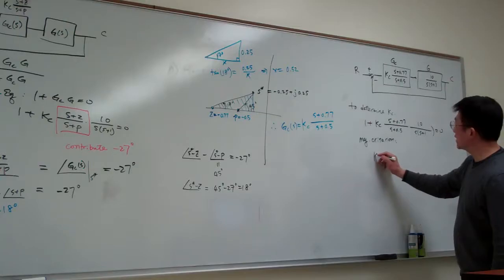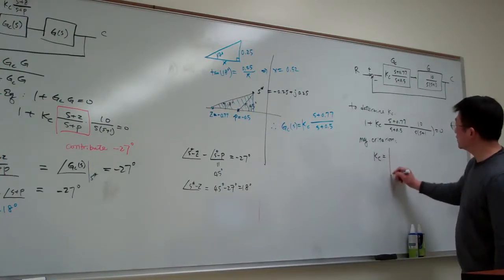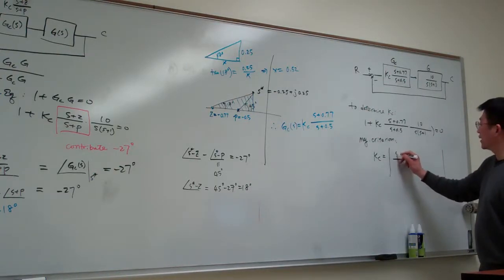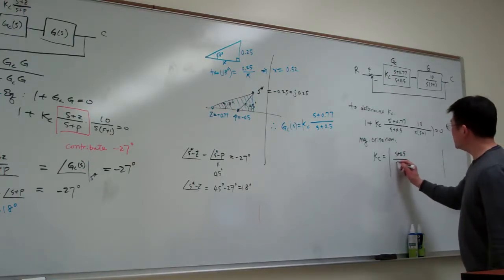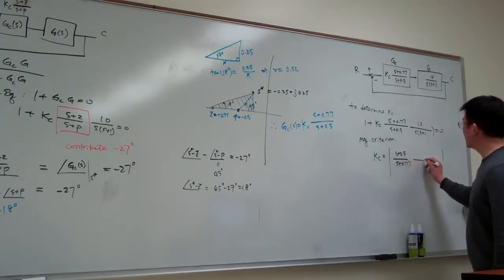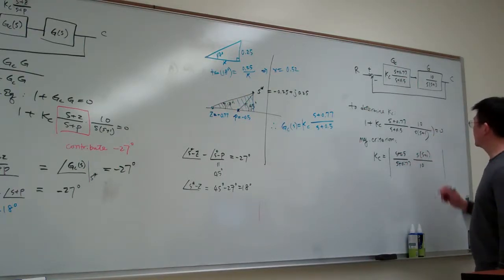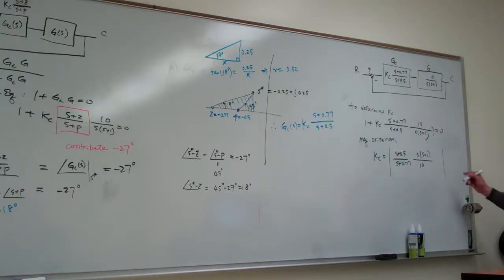That means KC must be equal to the magnitude of (S plus 0.5)(S plus 1) over 10(S plus 0.77), calculated at S star there.